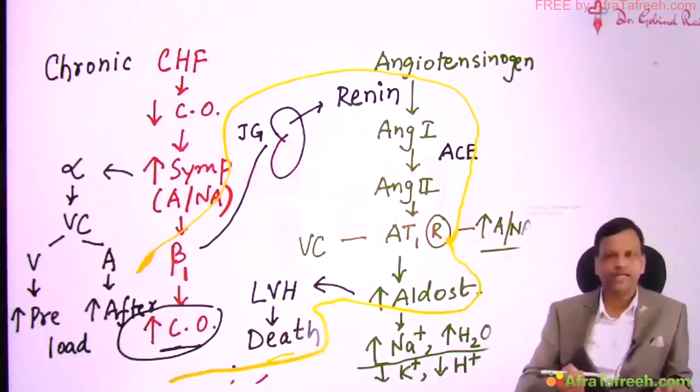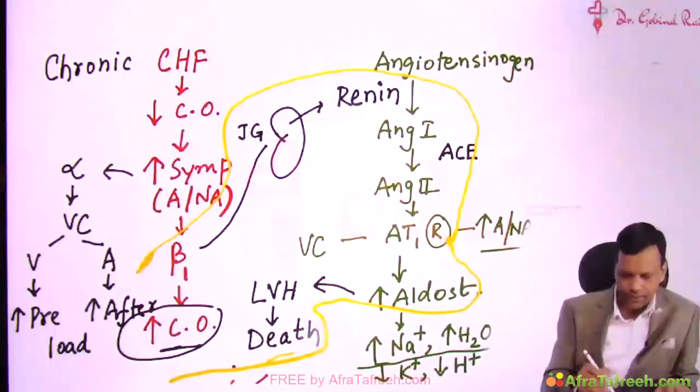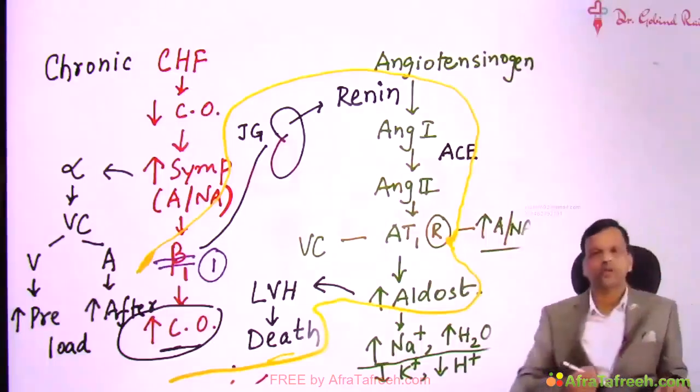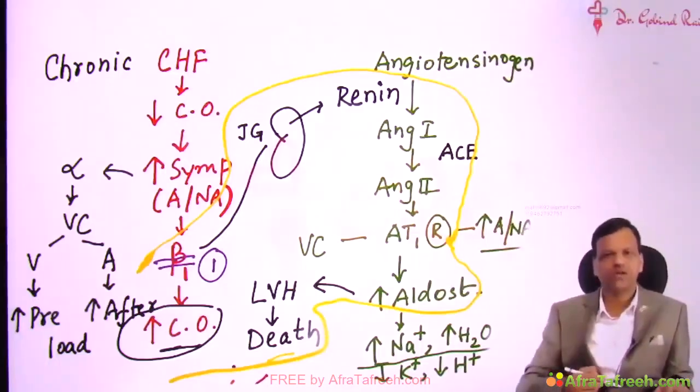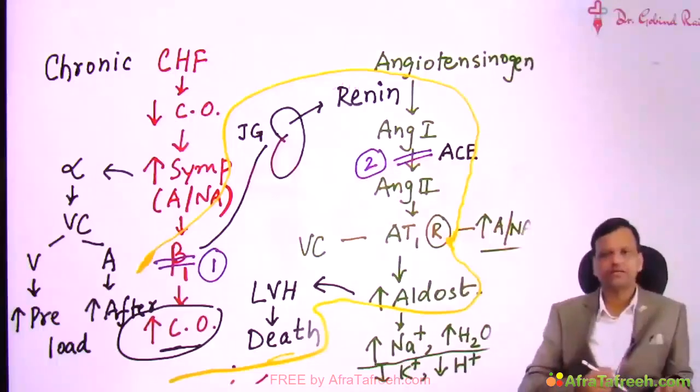So what are the drugs that can decrease mortality? Right in the beginning, we can give beta blockers. So when we block beta 1, renin will not be released. So this pathway will not start. So beta 1 blockers can be used for decreasing left ventricular hypertrophy. Second, we can inhibit ACE, so angiotensin converting enzyme inhibitors.